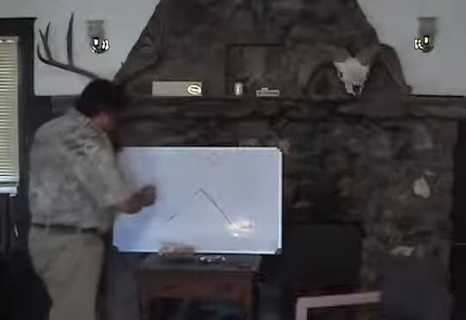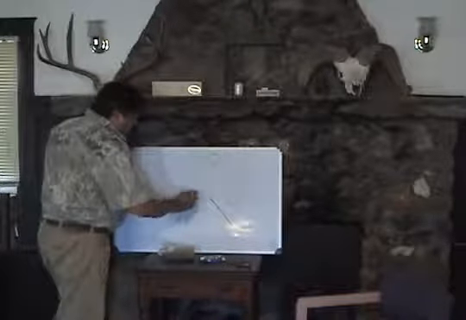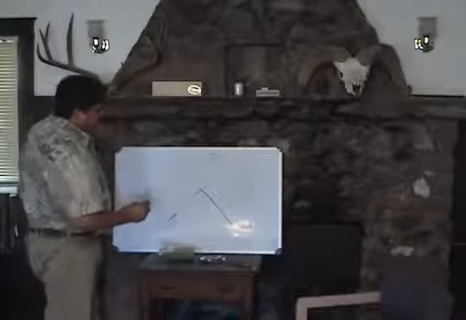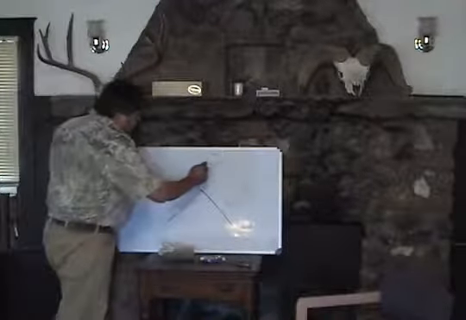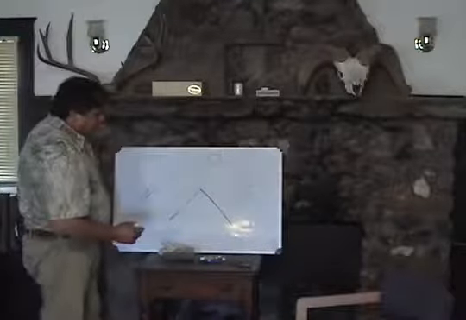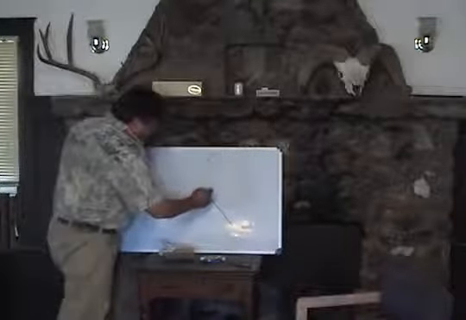If this is the north side and this is the south side of our mountain, the sun's rays as they come down are spread out on this side, and they're concentrated on the south.